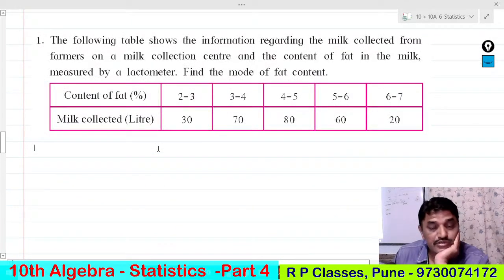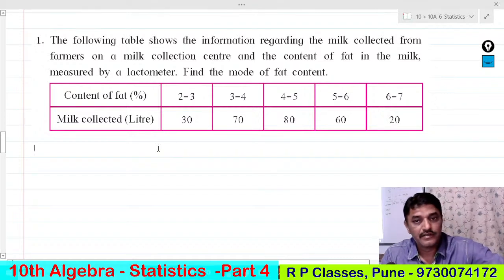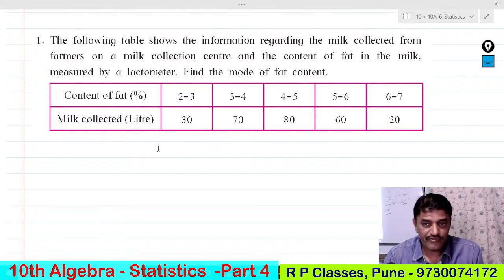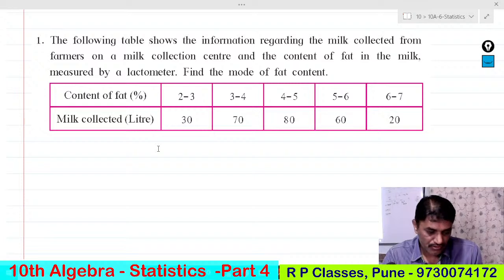The following table shows the information regarding the milk collected from the farmers at the milk collection center and the content of fat in the milk. So let's start now.